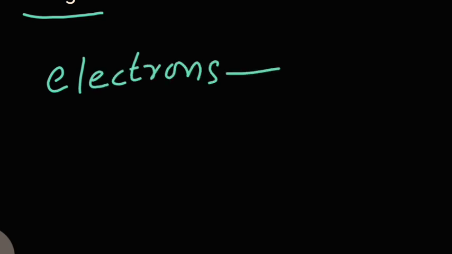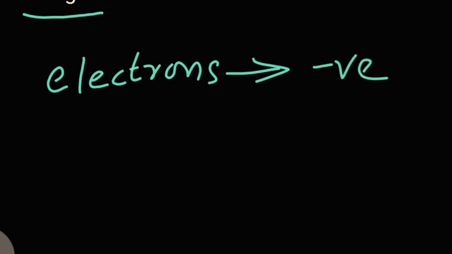Now I told you that there are positive charges and negative charges. When you think about negative charge, the first thing which you have in your mind will be the electron. Electrons are having negative charges.